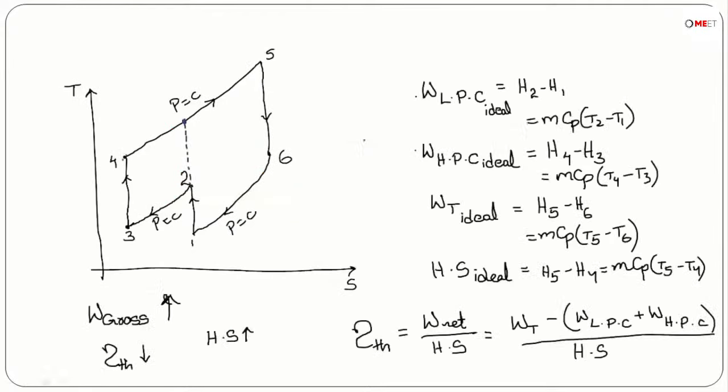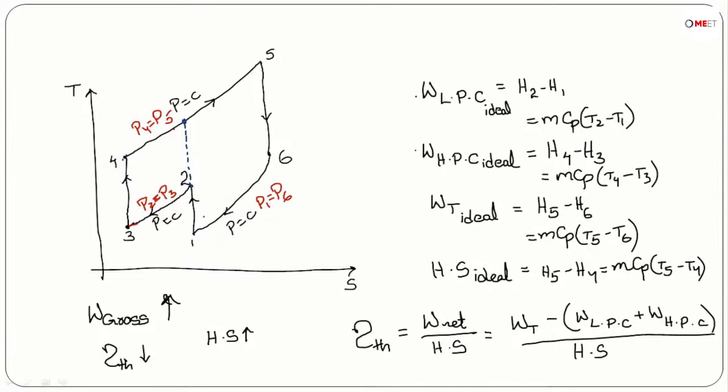So try to understand here carefully. The maximum pressure of this cycle is P4 equal to P5, whereas the minimum pressure is P1 equal to P6. So in order to have perfect intercooling, the intermediate pressure, that is P2 equal to P3, must be the geometric mean of the maximum pressure of the cycle and the minimum pressure of the cycle.